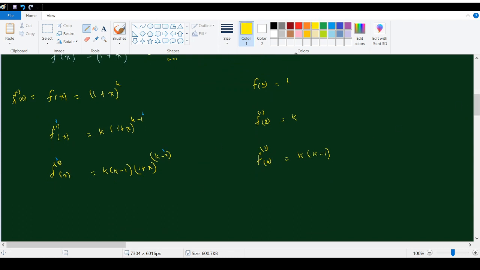And then the third derivative will be, now you will need to have this one also as a coefficient. So k times (k minus 1) times (k minus 2), and the power will be k minus 3.